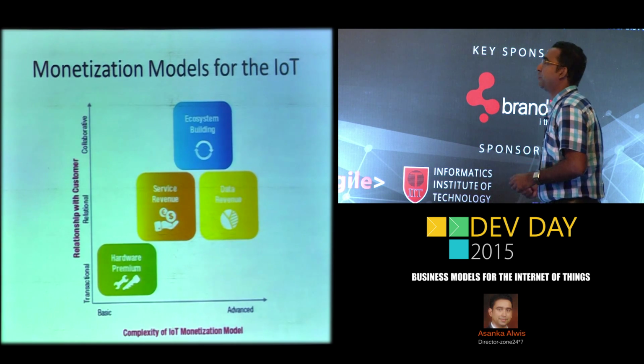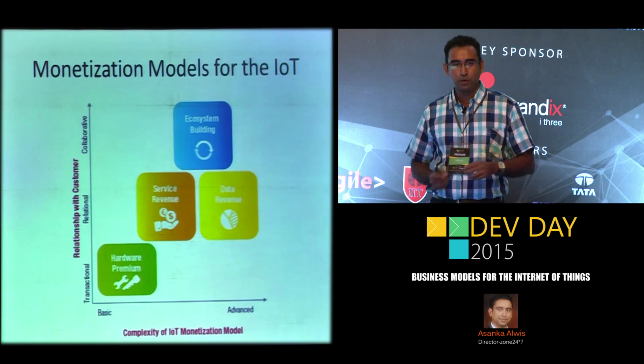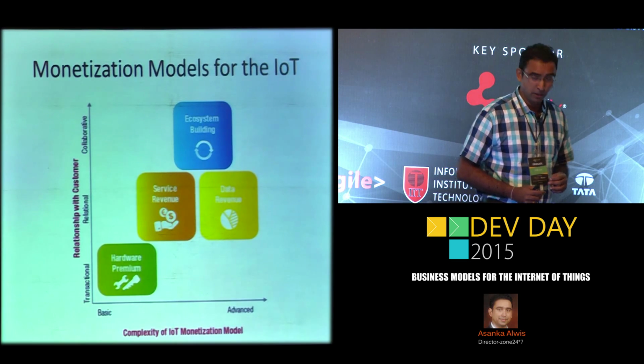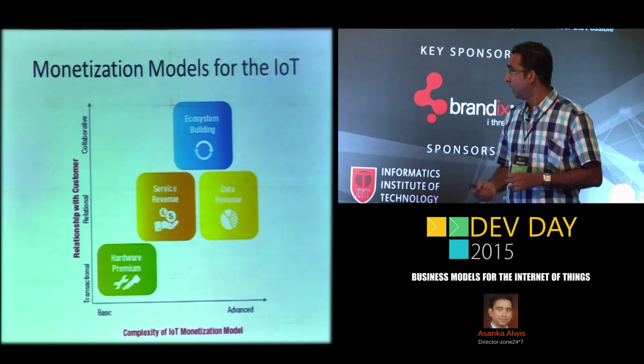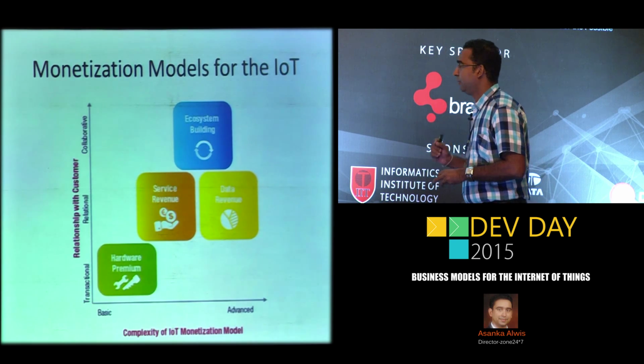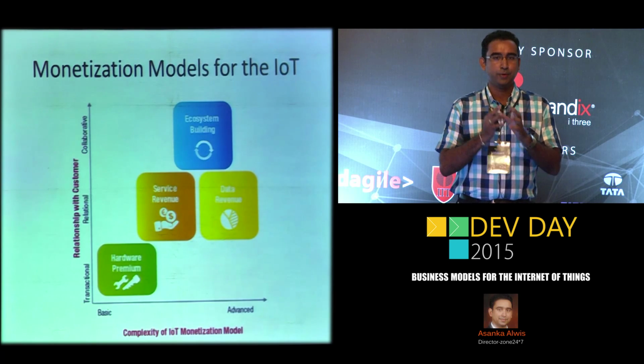And this is important. When it comes to the monetization part, there are four monetization models we discuss in IoT. First is the hardware premium. Hardware premium always refers to giving a focused hardware component.